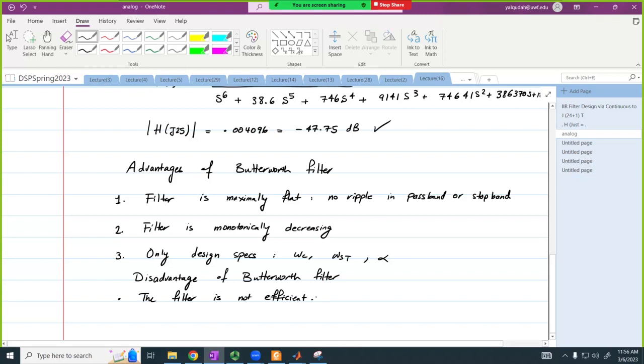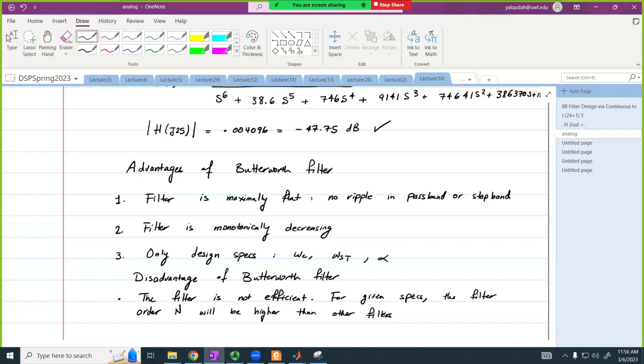For given specs, the filter order N for the Butterworth will be higher than other filters. Together? So something to keep in mind.